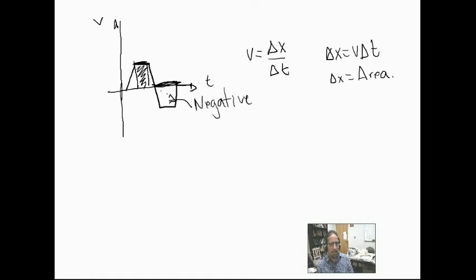So negative area and negative displacement when you take a time interval in that region. And if you have a total process going from here up to here, then you have to add the positive and the negative contributions. But still the recipe is the same.